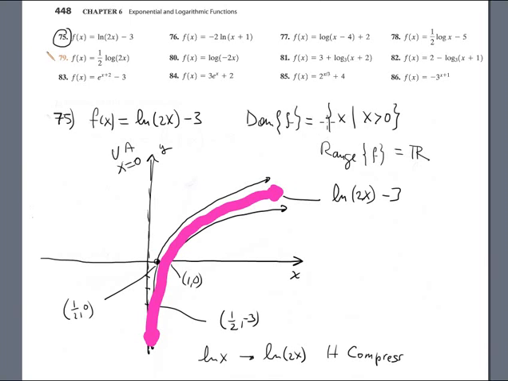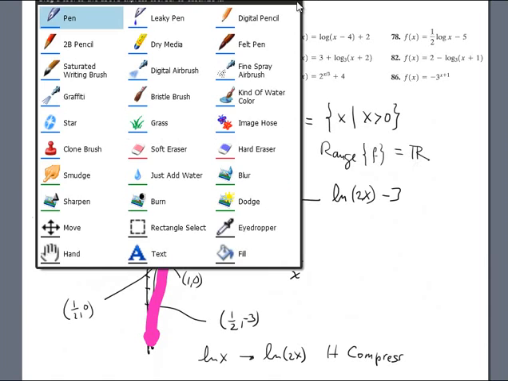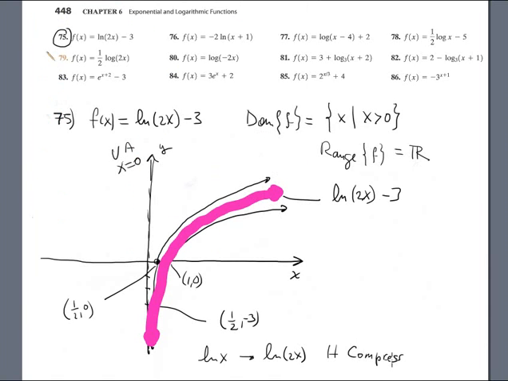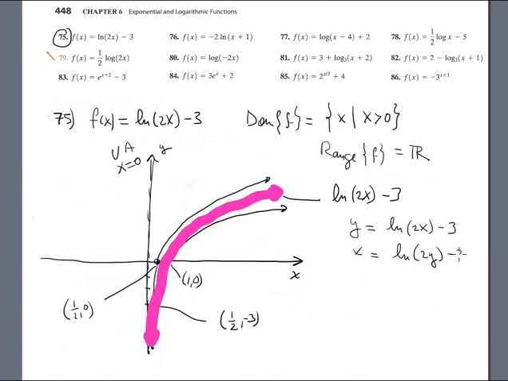And what more information do they want? Well, they want the inverse function. Let me try to find the inverse function. Remember, the inverse function: I copy y equals ln 2x minus 3, and you interchange x and y. That is, x plus 3 is equal to ln 2y.